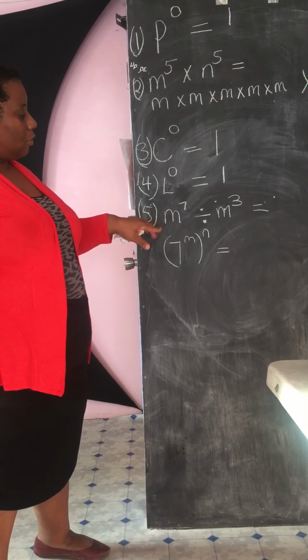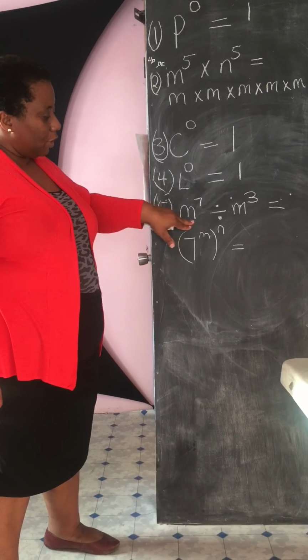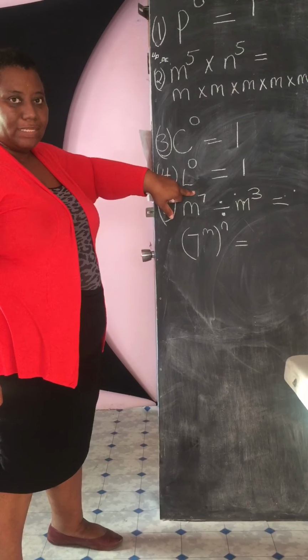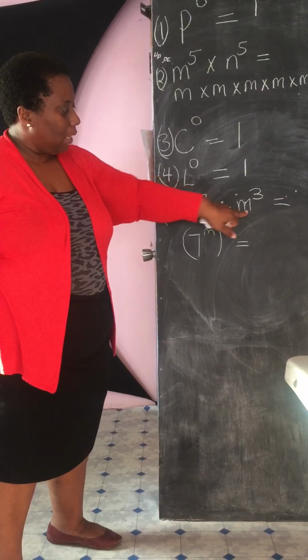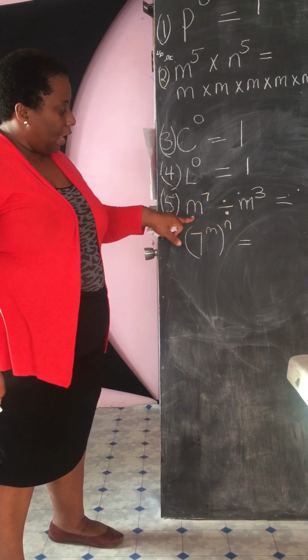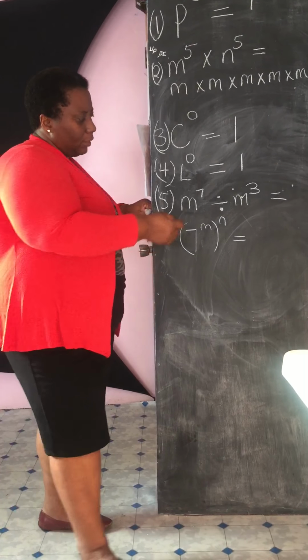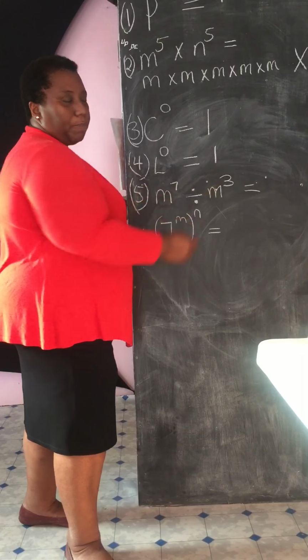So we have, remember we said in the first video that whatever comes here is known as the base, and whatever is up here is known as the index or the power. So we have the base being the same on both sides. So we have m here as the base and we have m here as the base. And our powers, we have m to the 7th power and we have m to the 3rd power.